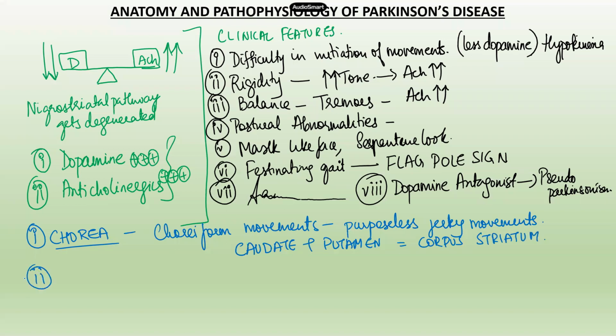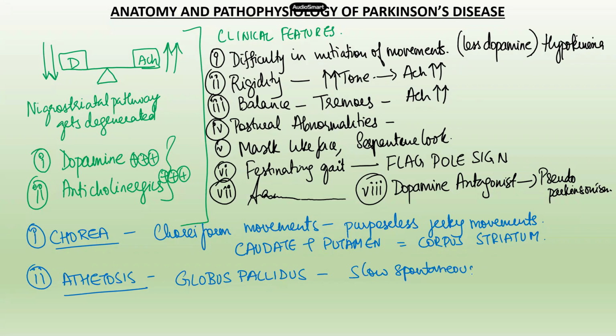The second abnormal movement that you have to remember is called athetosis. Now, athetosis happens when there is pathology in your globus pallidus. These are slow, spontaneous, rhythmical movements. It is as if the patient is dancing in a slow way. Then third, you have got hemiballismus.